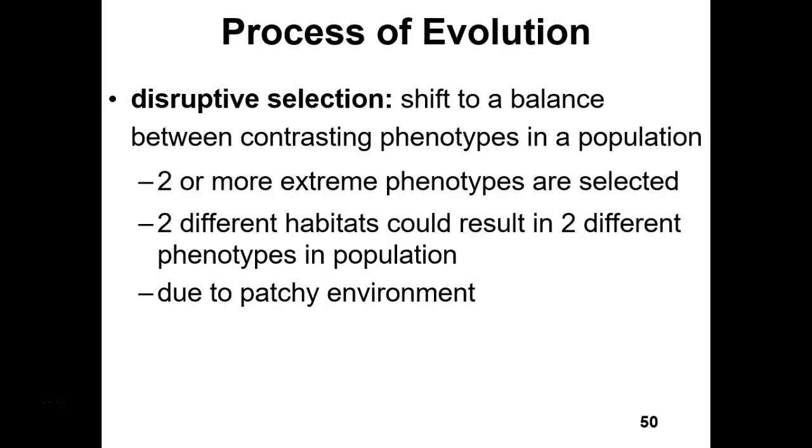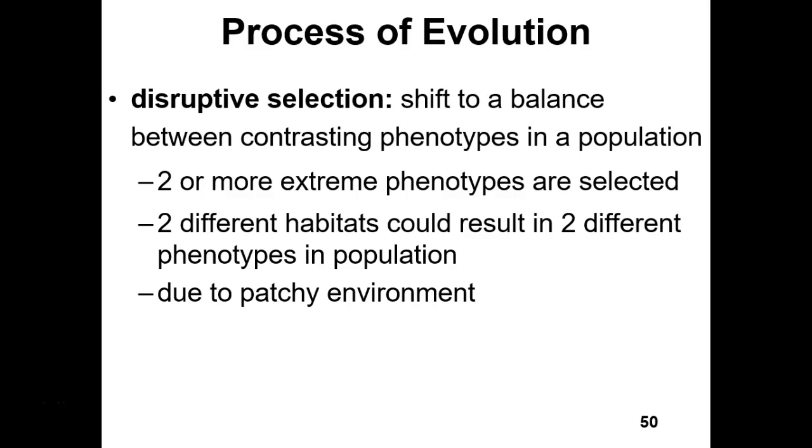All right, the last is disruptive selection, where we are looking at either of the extreme phenotypes, and the heterozygous individual or that intermediate phenotype is not desired. This often occurs when you have an environment that has 2 very unique characteristics.